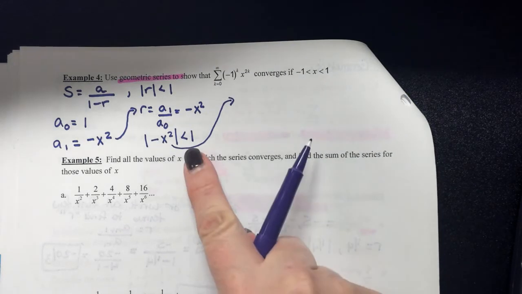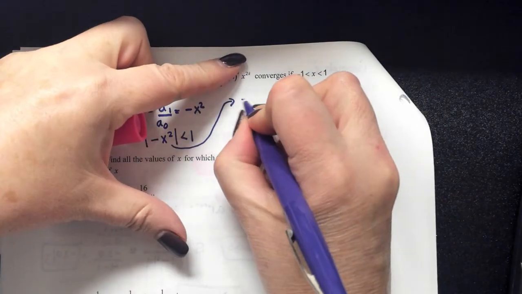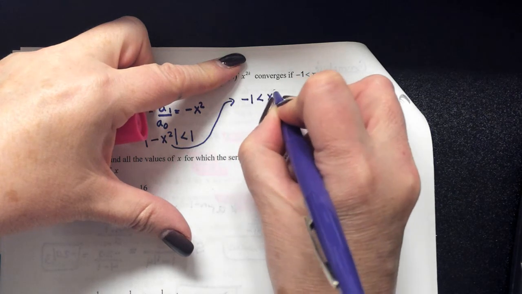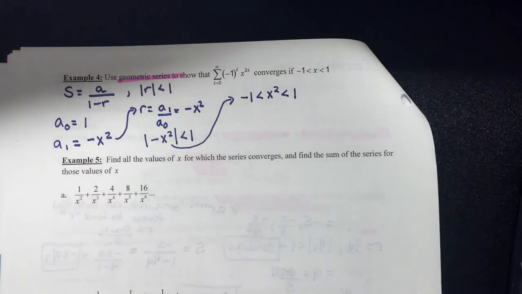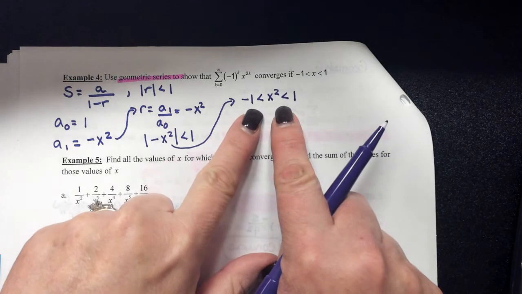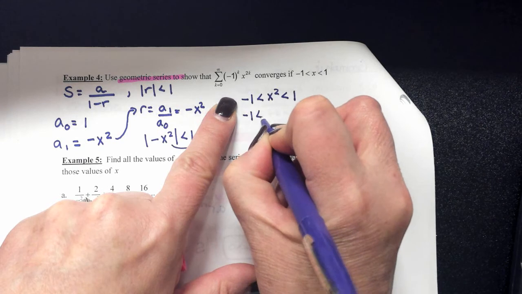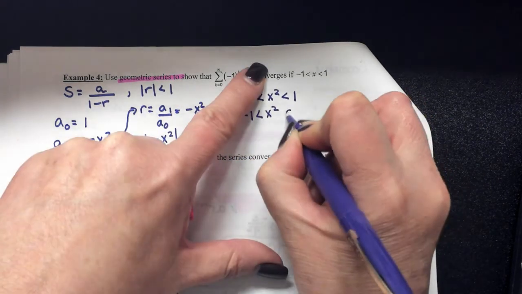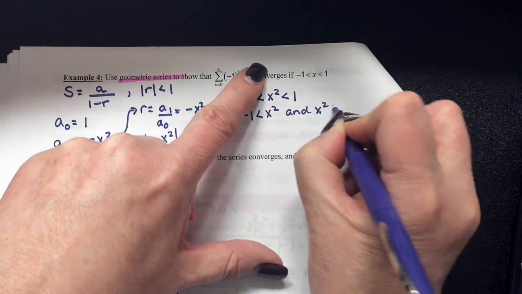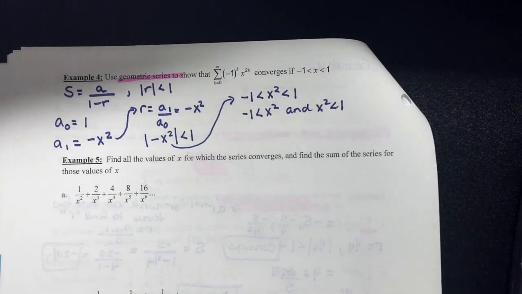Because this is a less than, I know I can rewrite this as -1 less than x squared less than 1. Again, I can rewrite this as -1 is less than x squared and x squared is less than 1. Remember, they are equivalent.